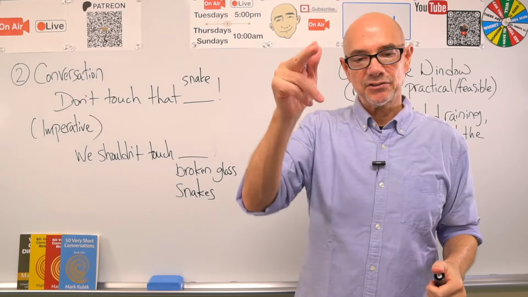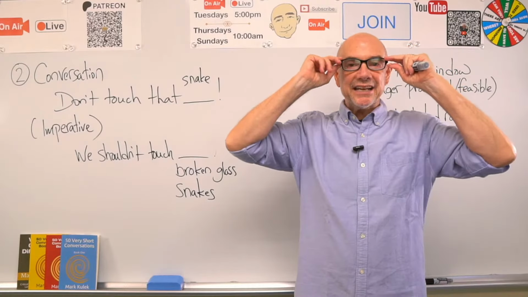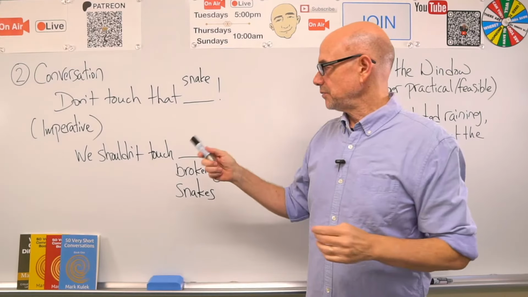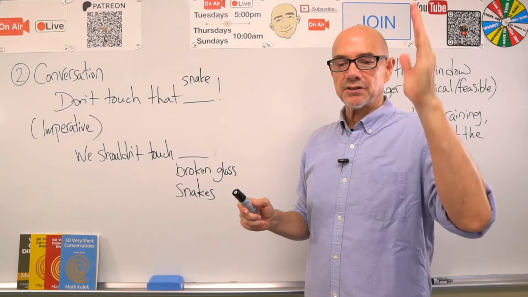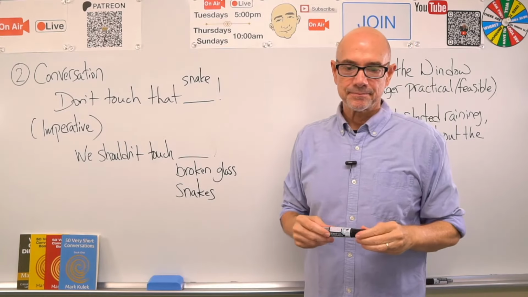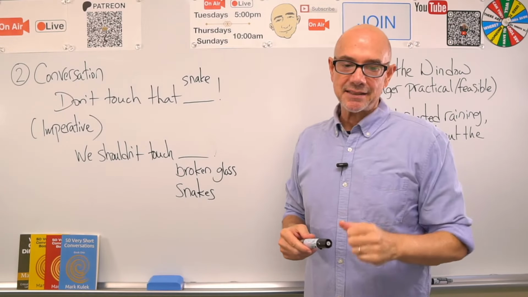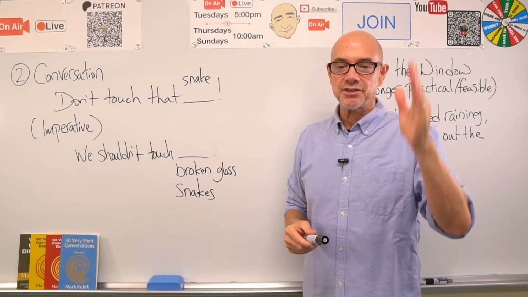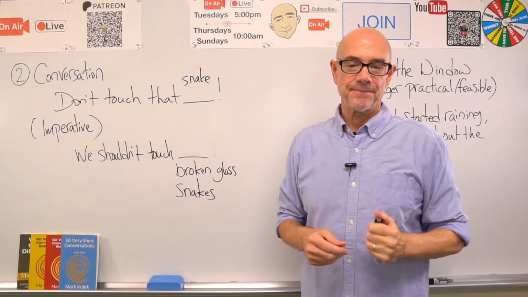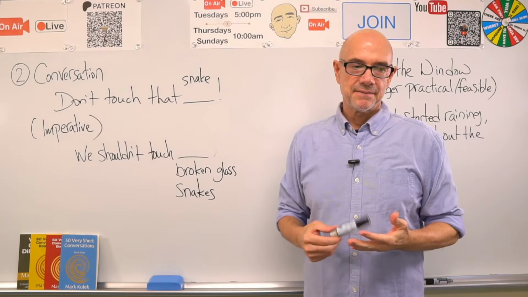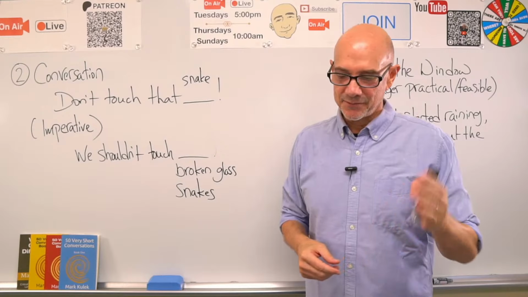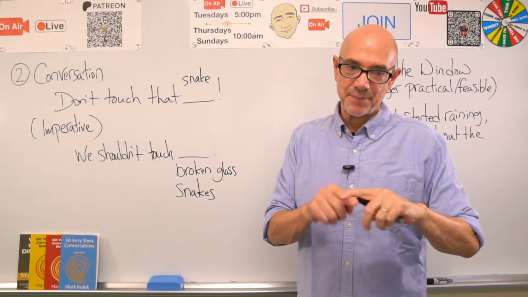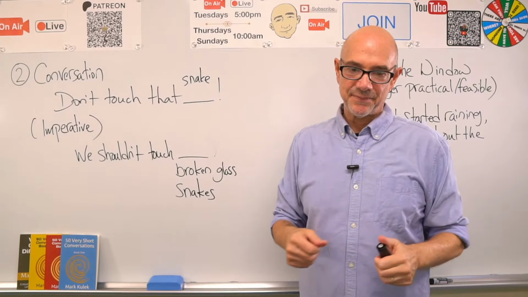That's right, electrical plugs. You can get a shock, right? So we shouldn't touch electrical plugs. Good. Knives. Yes, Kadeen. Exactly. We shouldn't touch knives. Good. Yep. Knives are very sharp. I've been cut by some knives.